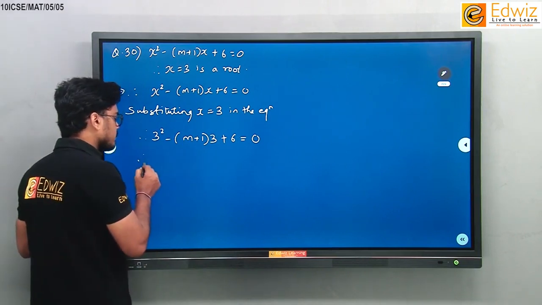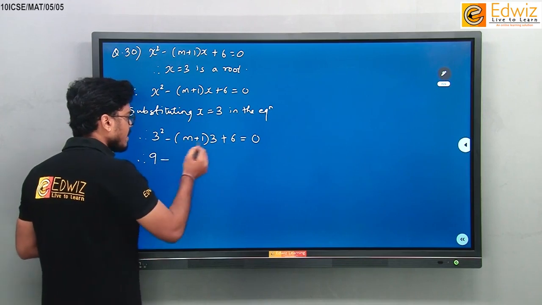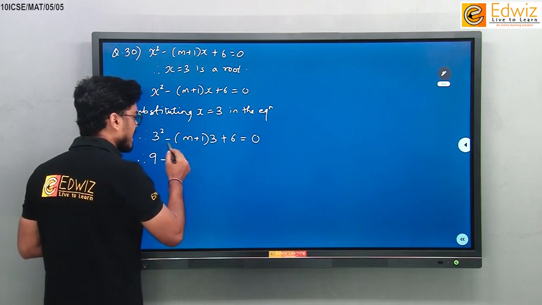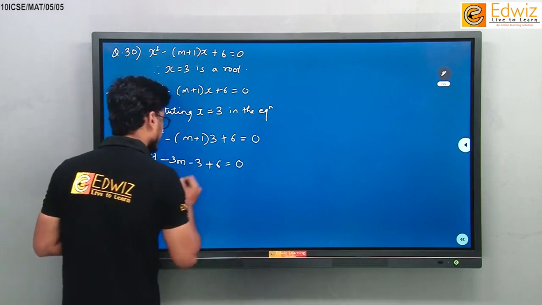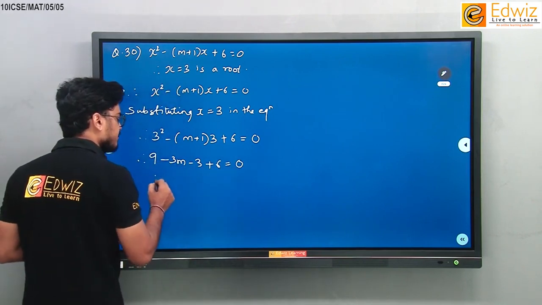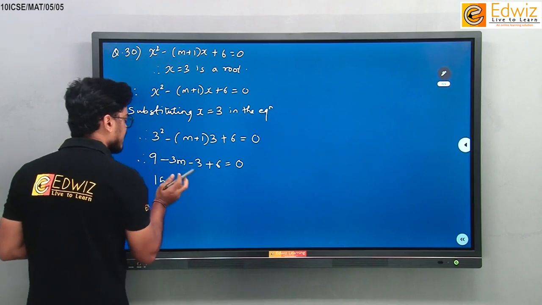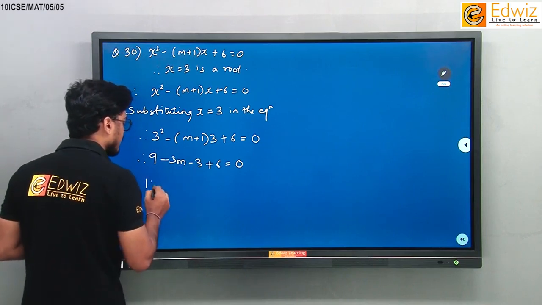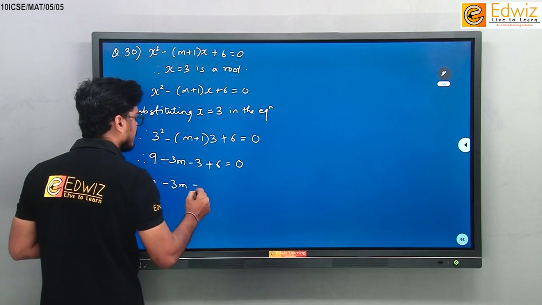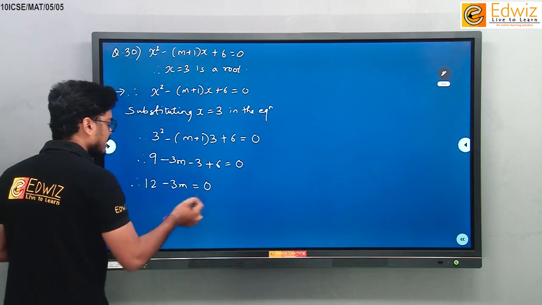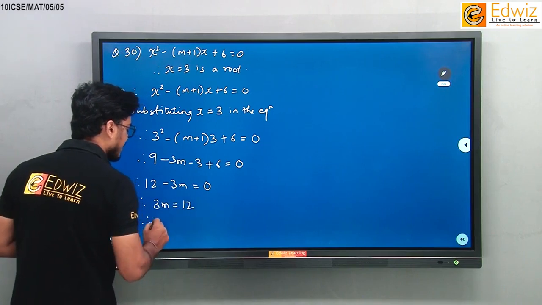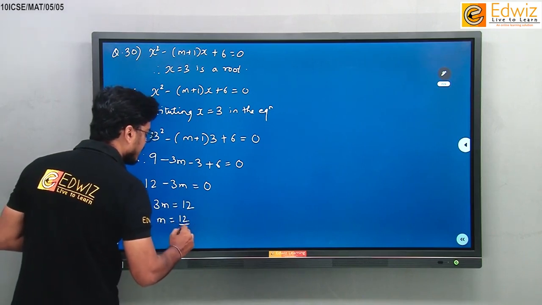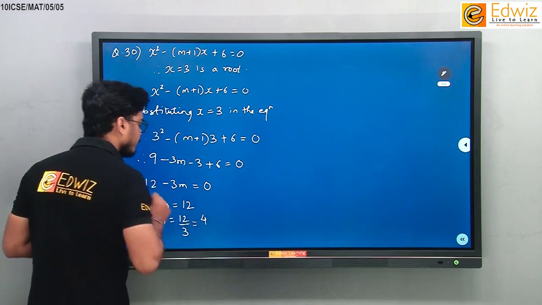So 9 minus 3m and minus 3 ones are 3, plus 6 equal to 0. 9 plus 6 is 15, and 15 minus 3 is 12, minus 3m equal to 0, correct? Send minus 3m to the other side, 3m is equal to 12. That means the value of m is 12 divided by 3, which equals 4.